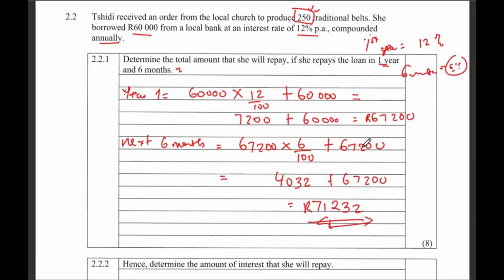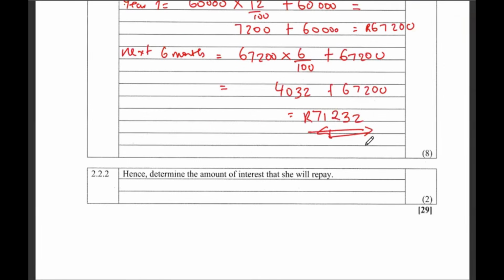Okay. Now, let's see. With the next question, determine the total amount of interest she will repay. Now, with interest, we know that it is the final value minus the initial value. Okay, she's paying 71,232.